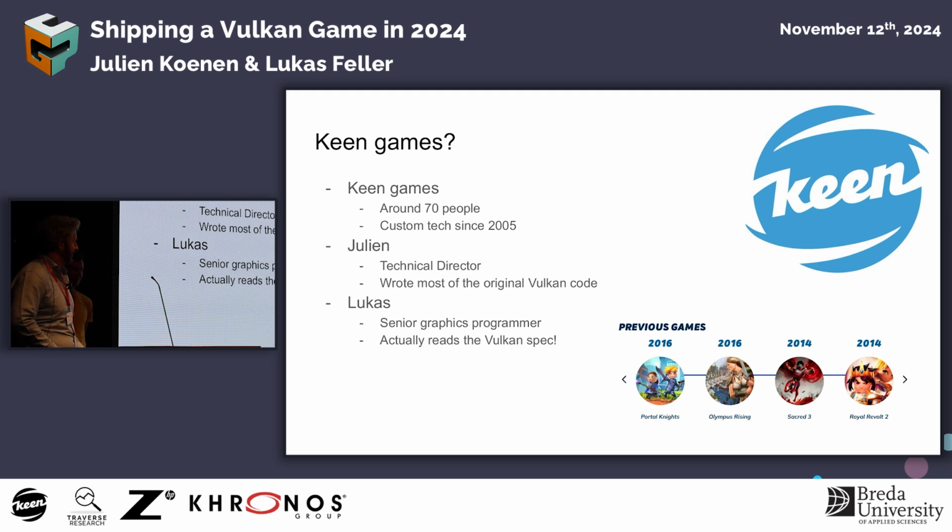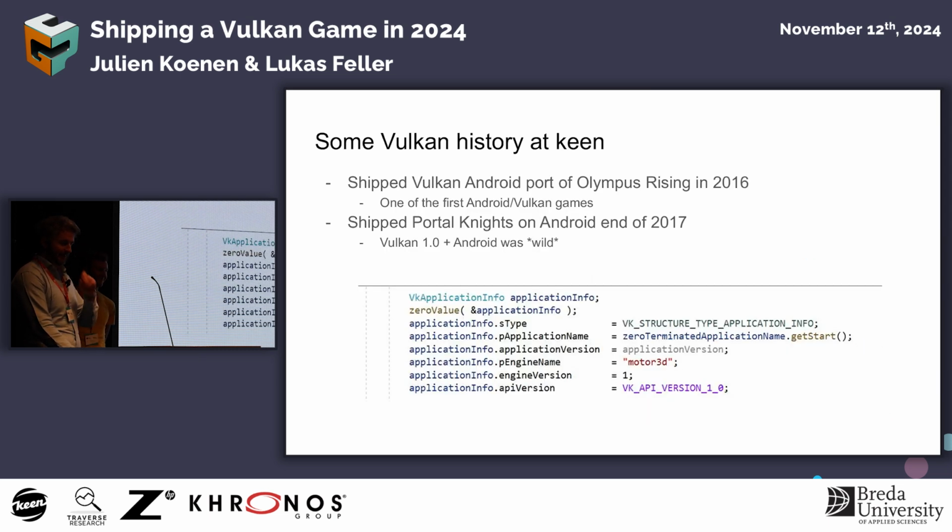Most of the games are mobile games, as well as Nintendo DS games and smaller games in the past. You see the last 4 games we shipped before our current project. This is Lucas, and he's a senior graphics programmer in our team. And my name is Julian. I'm a technical director. So most of the bugs in the Vulkan code are actually my work, and he tries to fix them.